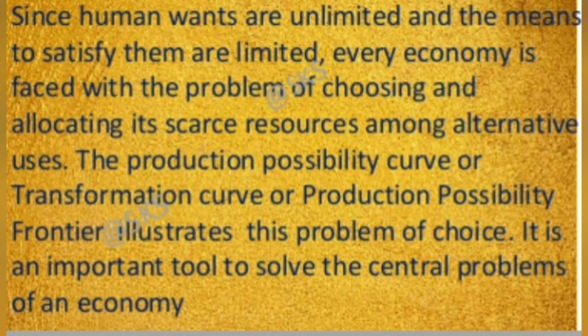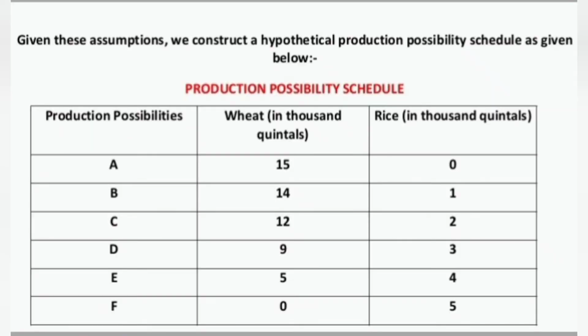That is the problem of choosing and allocating the scarce resources among alternative uses. The production possibility curve or transformation curve or production possibility frontier illustrates this problem of choice. And it is an important tool to solve the central problems of an economy.